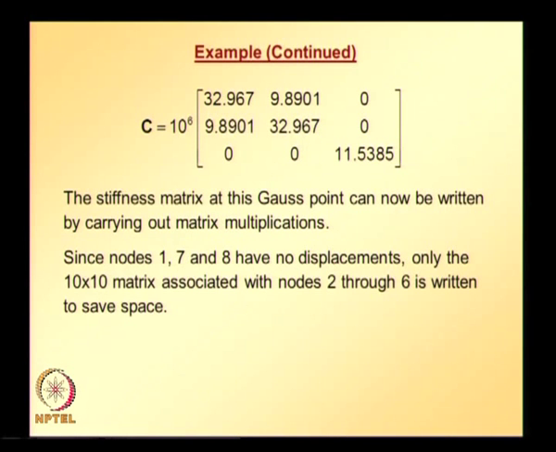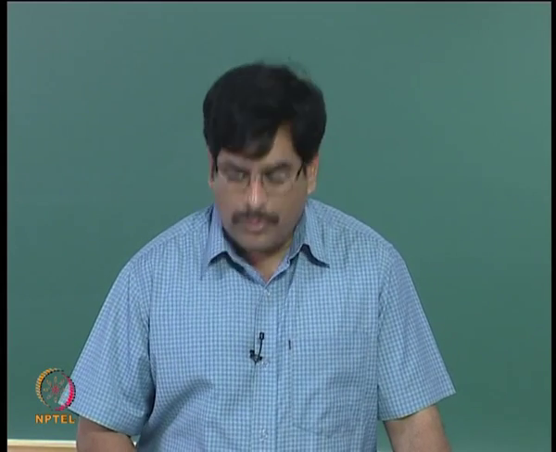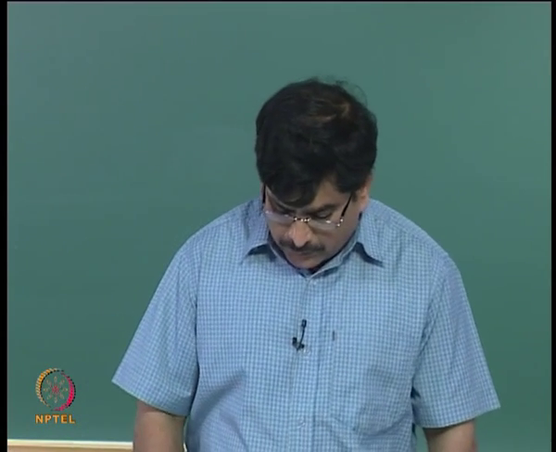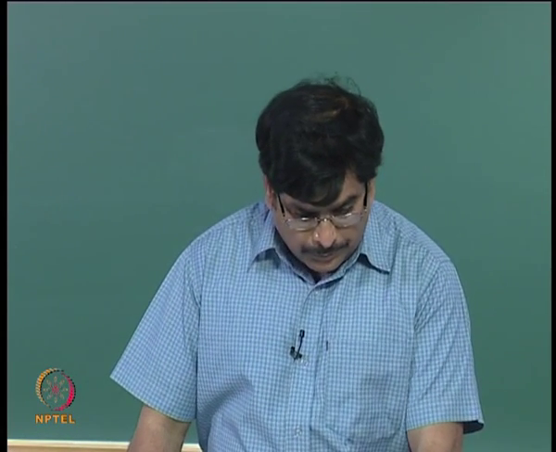So, finally, even in the final reduced equation system, the equations or the rows and columns corresponding to the degrees of freedom which are 0 are going to be eliminated. So, they are eliminated at this stage itself to save the space.